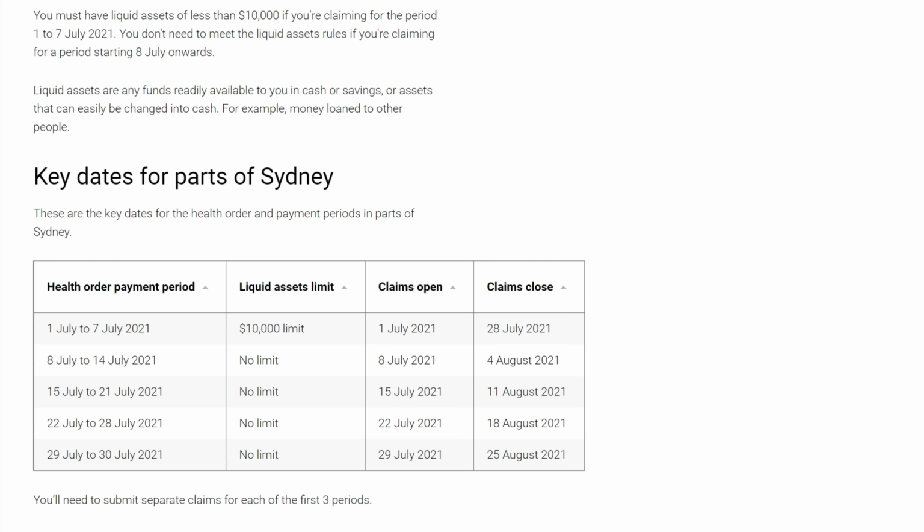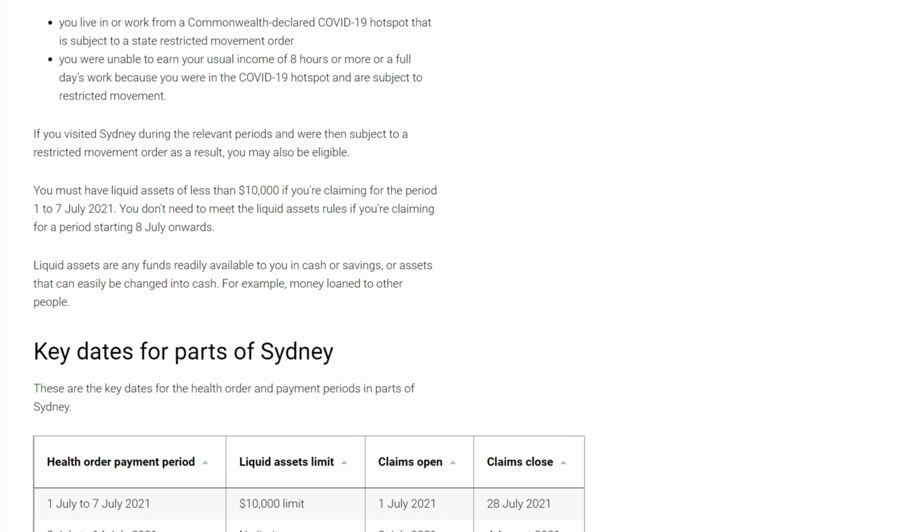So if you want to apply for the first week of lockdown for these areas, you should not have a liquid asset of 10,000 or more. During the application, when you apply for this first week of relief, you'll be asked to enter your bank balances, proving that you did not have 10,000 of liquid assets during these periods.